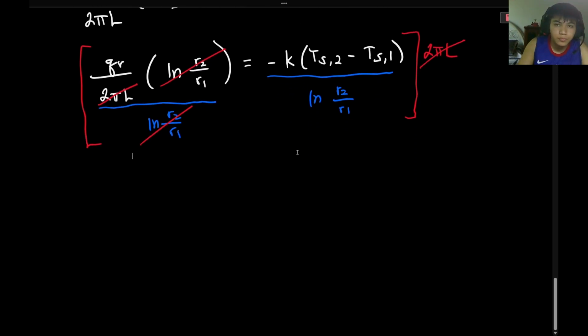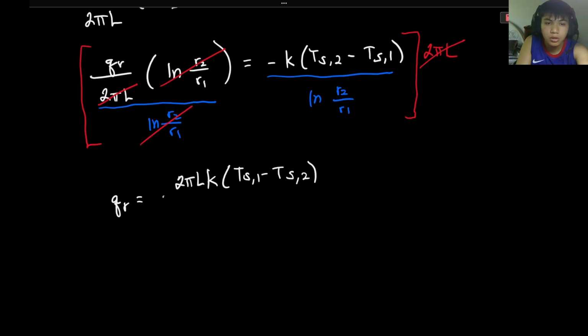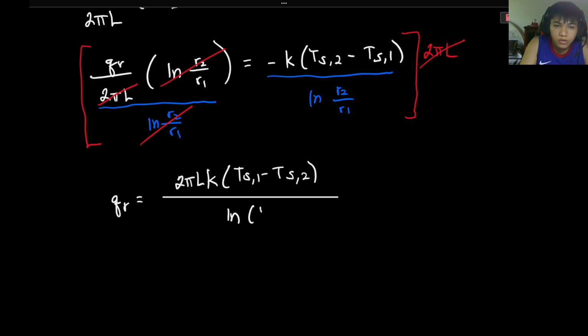What we have now is QR equal to 2 pi L times k, times Ts1 minus Ts2, all over ln of r2 over r1. So this is our heat transfer rate in a cylindrical system.